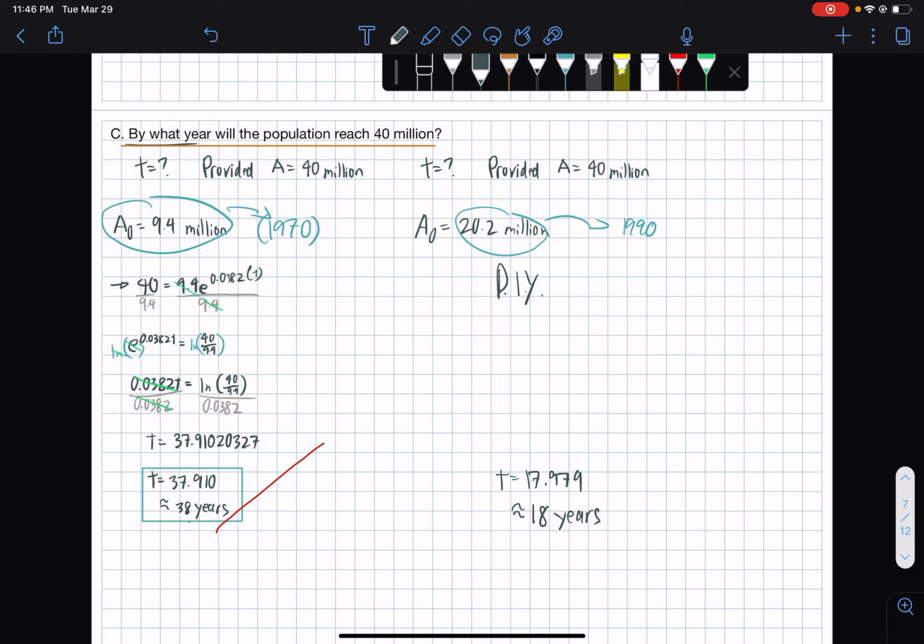Of course, it would take 18 years for the population to be 40 million, starting from the year 1990. I hope it makes sense, as well as this one. It would take 38 years for the population to be 40 million, starting from the year 1970. So yeah.